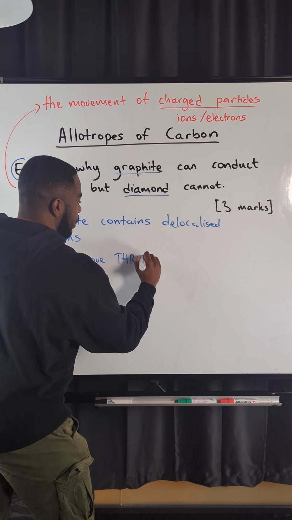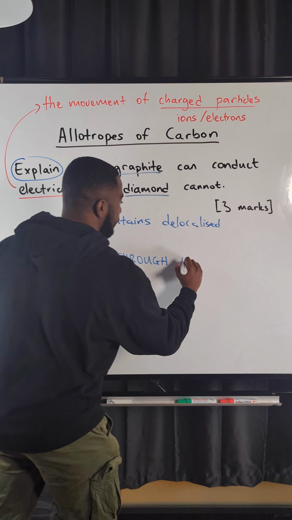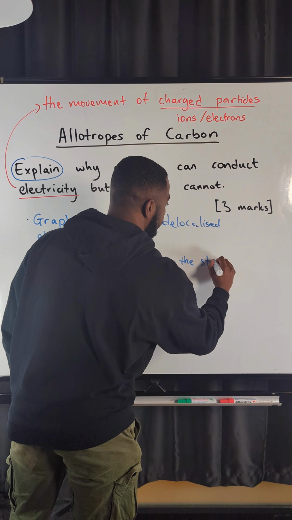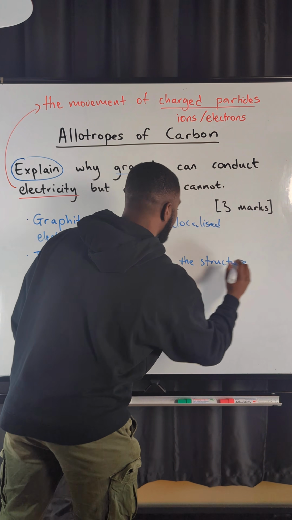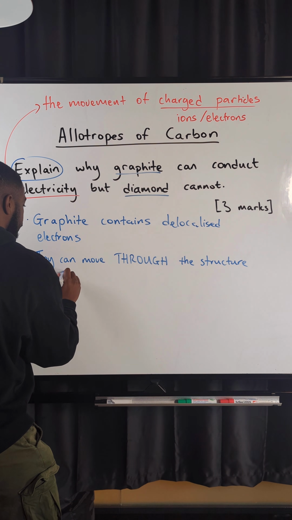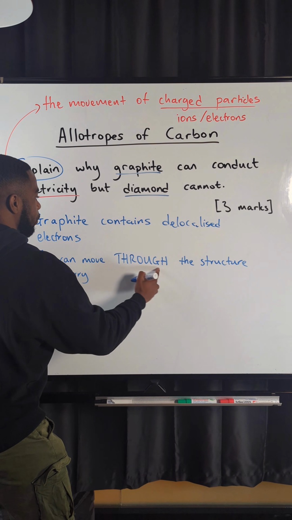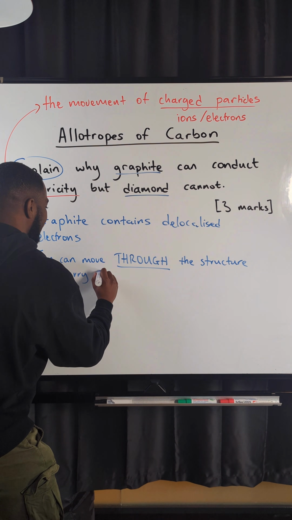This is an important keyword you must include in your answer. Through the structure and carry charge. If you do not say the word through, you won't pick up the marks in the exam.